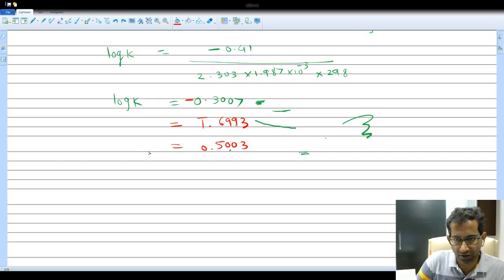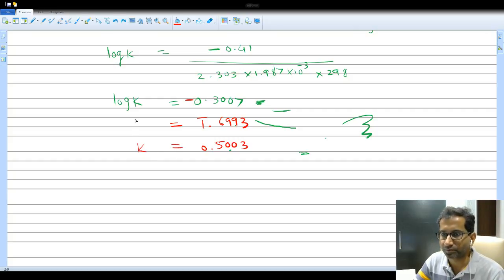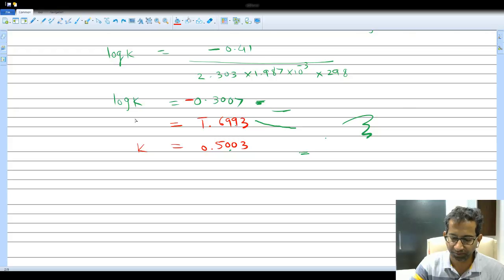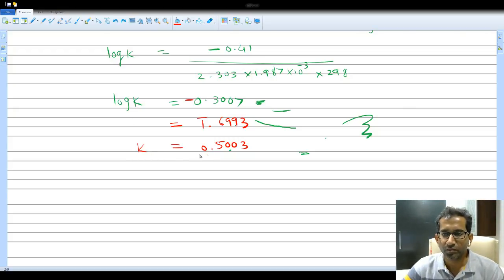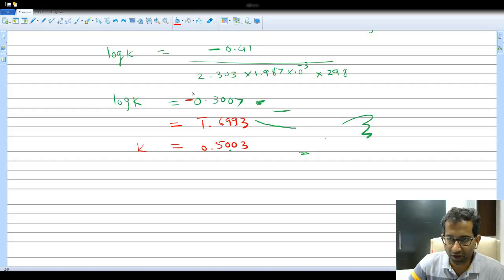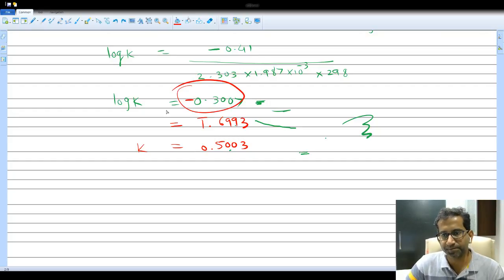This is your K. Got it? So you will have to be careful about this negative sign.